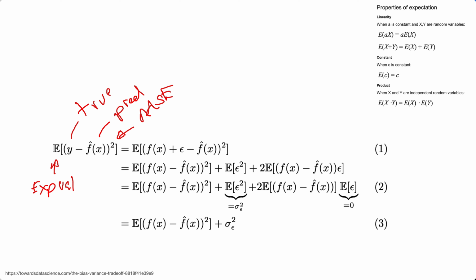So let's start with this. y is equal to f(x) plus some epsilon, because this is just the assumption that statistics exists, that we have some true value f(x) plus some noise that is corrupting that true relationship, right?